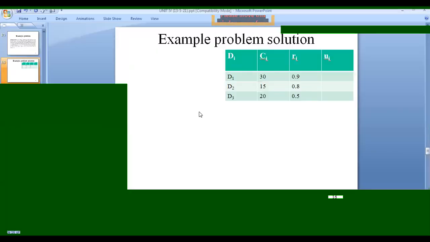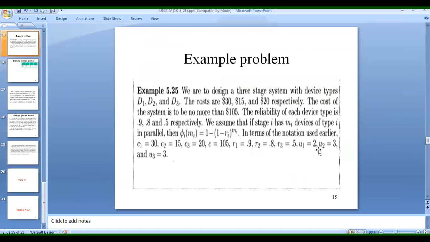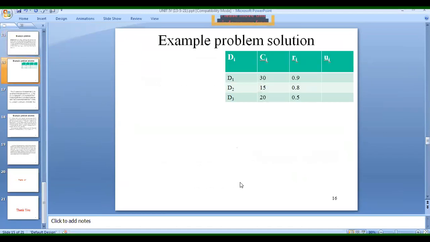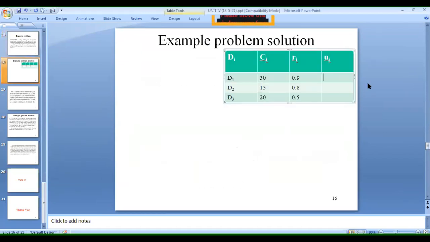Now see, we have the upper bounds given: upper bound 2, 3, 3. These are the values. Now for the second device and third device, you can find the upper bound. If I spend all the $40 on D1, I can take 2 copies of D1.